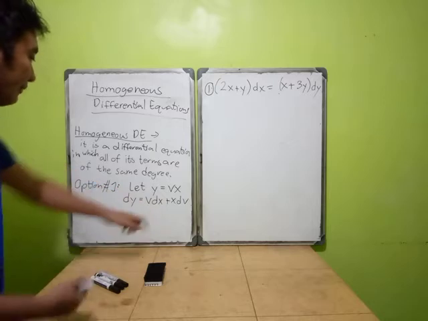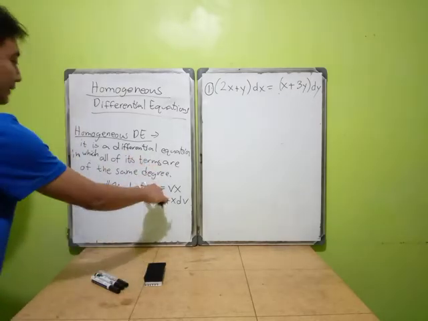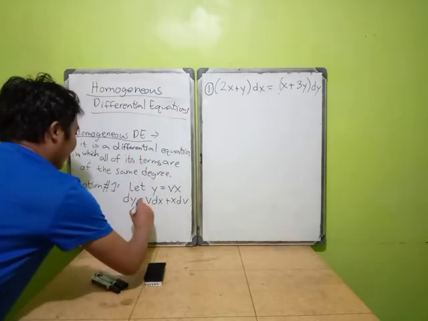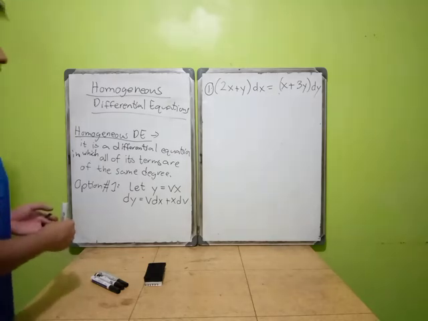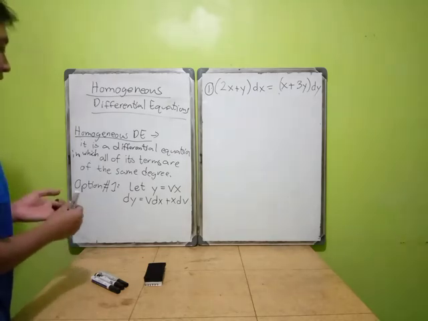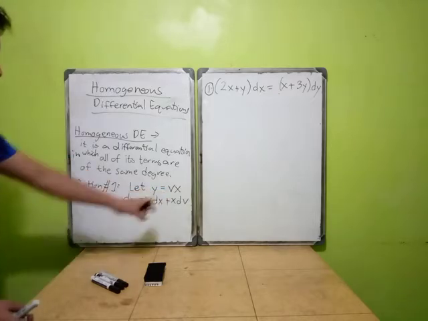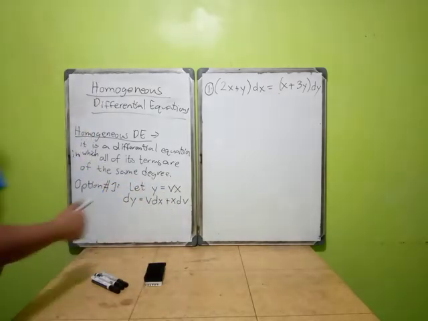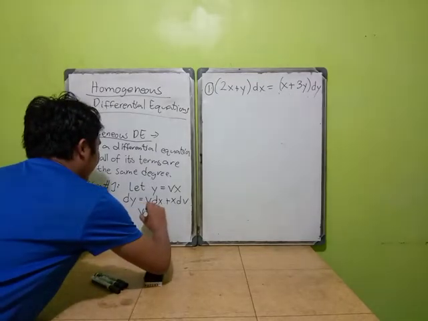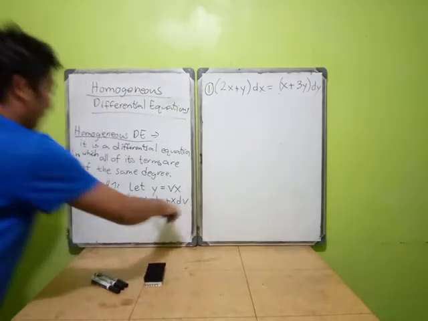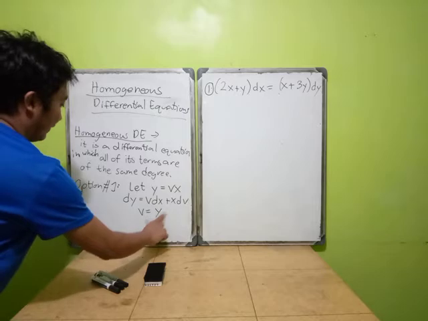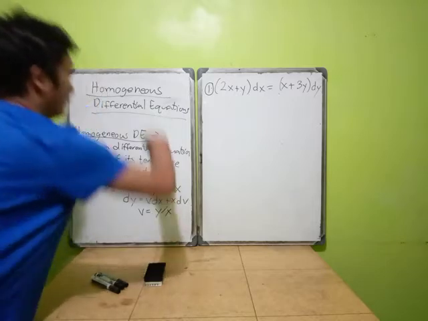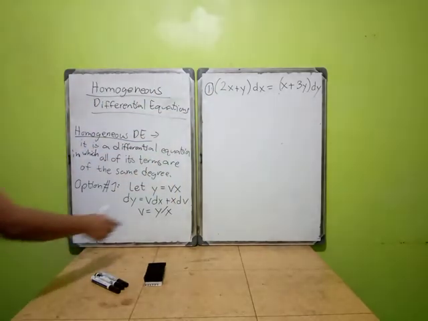So, after this one, you can substitute back the value of y. With this one, we can say that v dito is y over x. You can resubstitute that later. So this value will be resubstituted later in the problem.